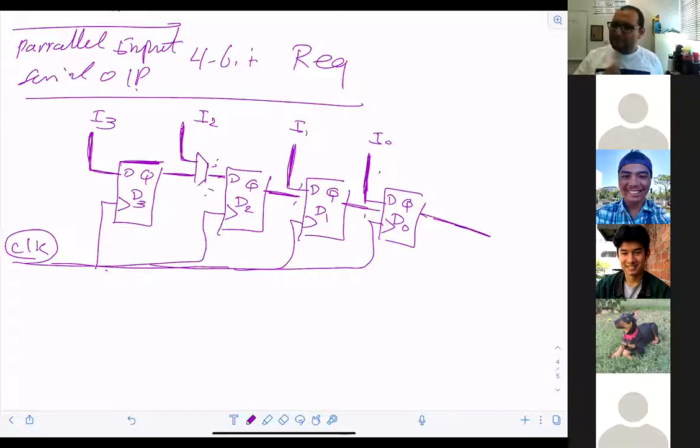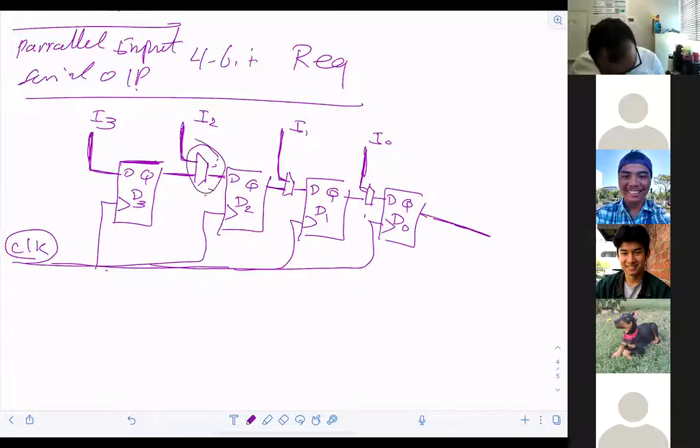What do you think? Much better? So what did I add there? What is this? Muxes. Exactly.